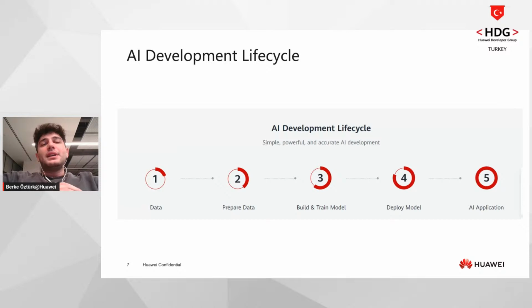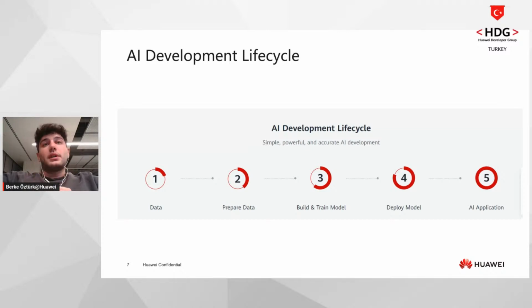In this stage, we can understand how we are doing. Is it okay, or do we need to add some new data or do new things to our model? Maybe we can go back to the data preparation stage after building and training the model, and maybe we can do better things in our model.